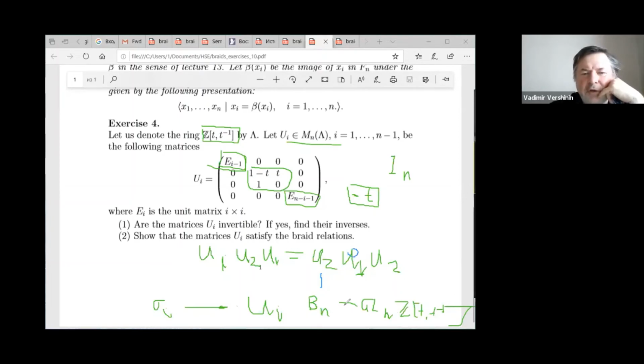So it defines a homomorphism because the relation is satisfied, and this defines a homomorphism.